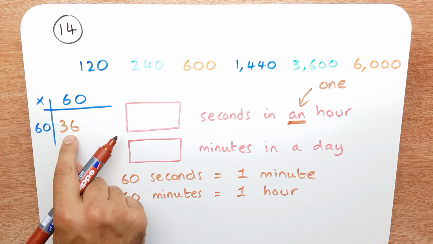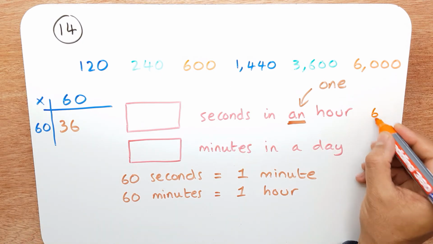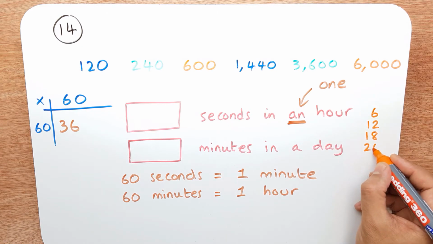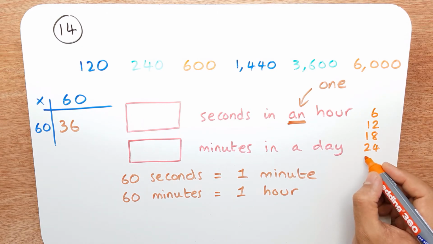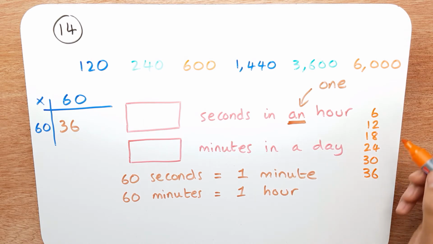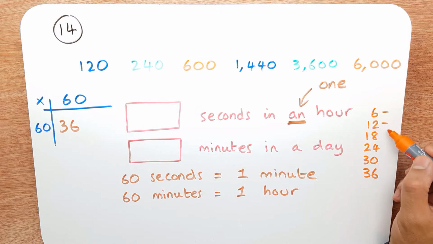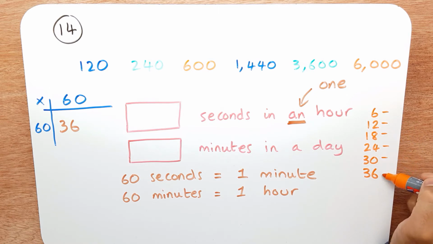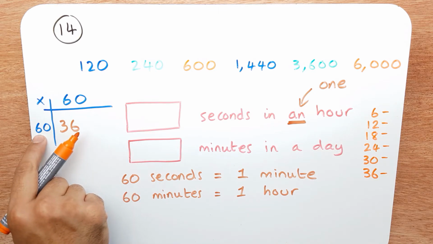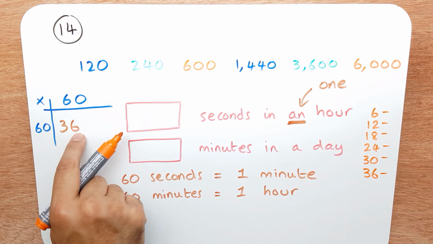So let me check that. 6, 12, 18, 24, and 30. And then it's 36. So how many 6s have I got there? 1, 2, 3, 4, 5, 6. That's fine. 6 times 6 is 36.